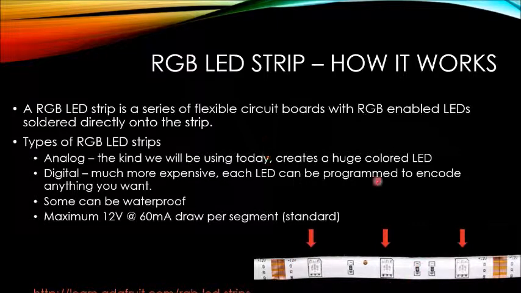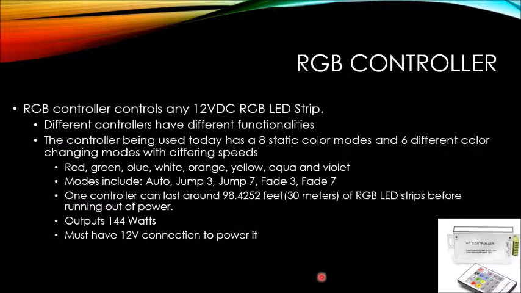RGB again stands for red, green, blue, but other kinds of strips have different styles, such as this one, which is GRB, and sometimes you have to use a troubleshooting method when connecting different types of RGB strips. We're going to be talking about analog today, which is the main one, which creates one large color rather than multiple separate colors, which is what digital does, and digital is much more expensive.